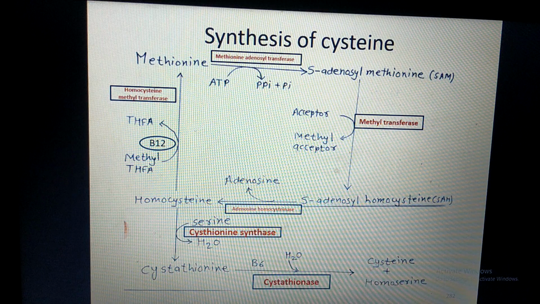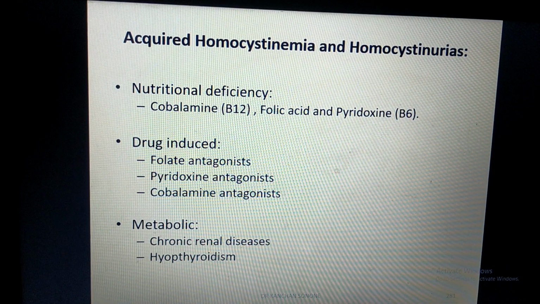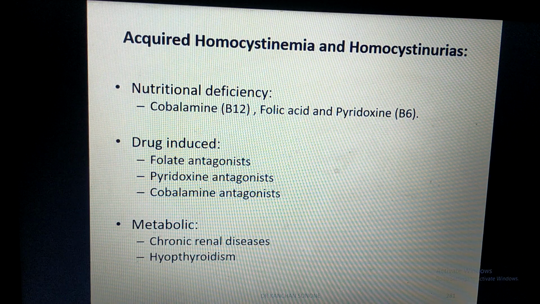So if these three vitamins are deficient, then homocysteine is not properly utilized and its level in the blood increases, leading to homocystinemia and homocystinuria, which is an acquired type. Next is antagonist drugs for these vitamins: folate antagonist, pyridoxine antagonist and cobalamin antagonist. These drugs will inhibit the above vitamins and therefore again homocysteine is not utilized.